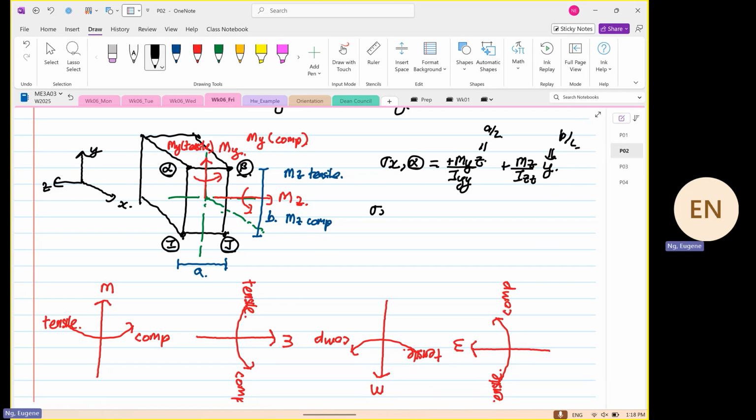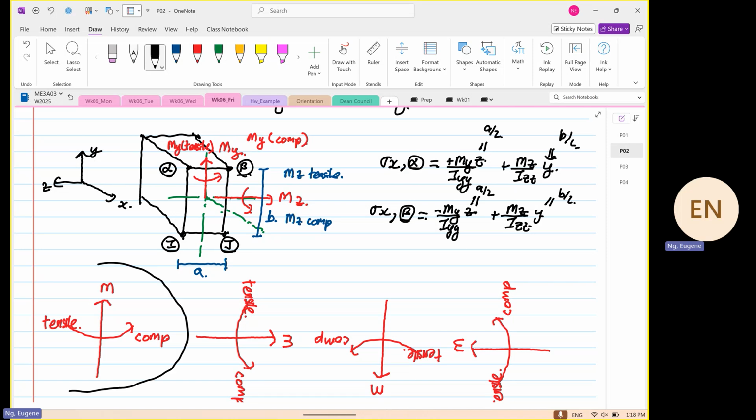And then if we have stress x, the normal stress in the x direction, at beta now, My will be under compression, and then in the z it will be under tensile. Now this is still the same, a over 2. This is equal to b over 2. So now the positive and negative is controlled by the vector of your bending moment.